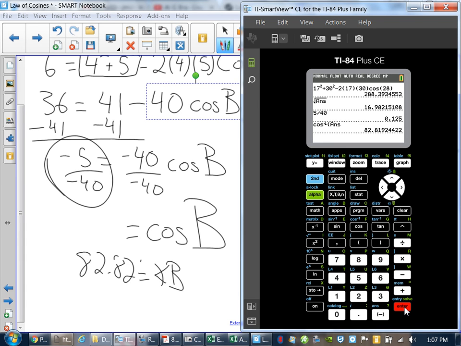When you're solving for the angle in a cosine problem, it's the exact same thing like I showed you here. The only thing that changed is that instead of taking a square root at the end, I'm doing the inverse cosine at the end. Everything else is the same. Nothing changes, whether the numbers are smaller like this, or larger like the next one I'm going to show you.